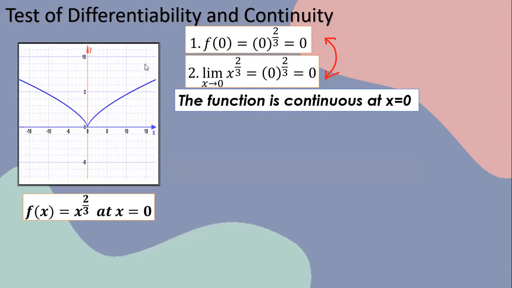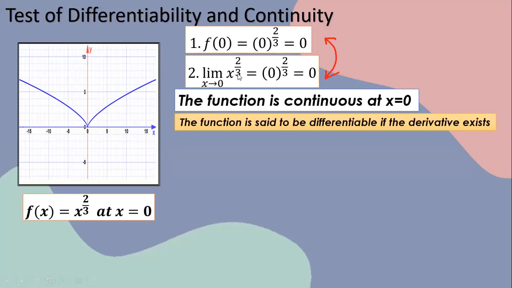So it is continuous. Now we have to test for the differentiability of this function, since, again, just because our function is continuous does not mean it is differentiable. So let's have the test for differentiability. The function is again said to be differentiable if the derivative exists.